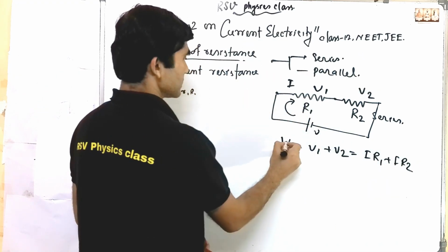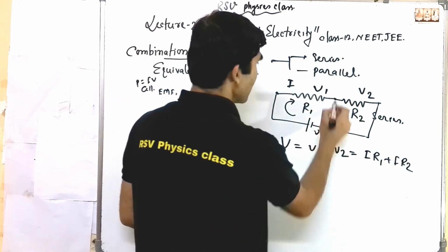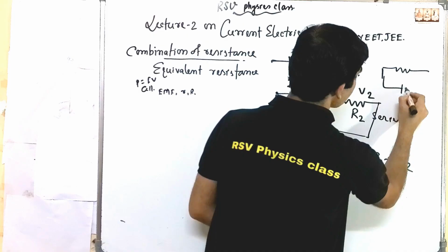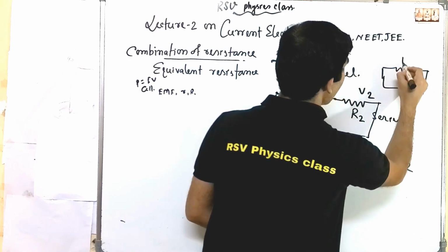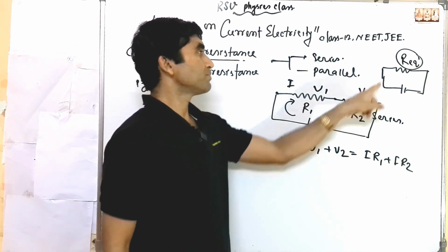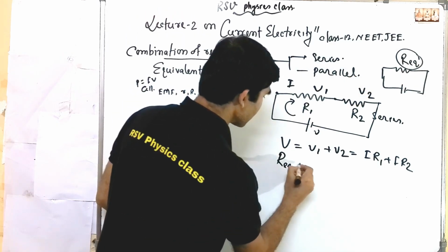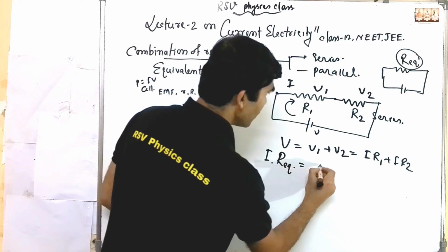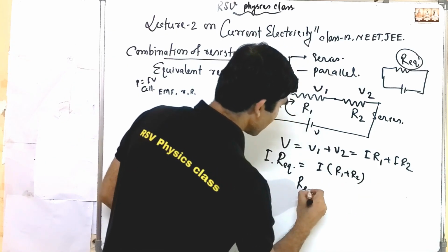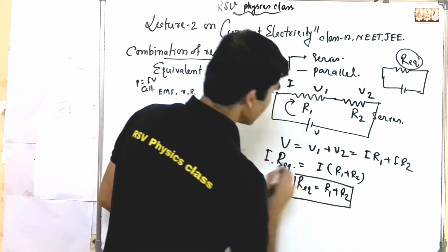You can replace all the resistances by one single equivalent resistance, R equivalent. So I into R equivalent equals I into (R1 plus R2). So R equivalent equals R1 plus R2. This is the equivalent resistance in series.